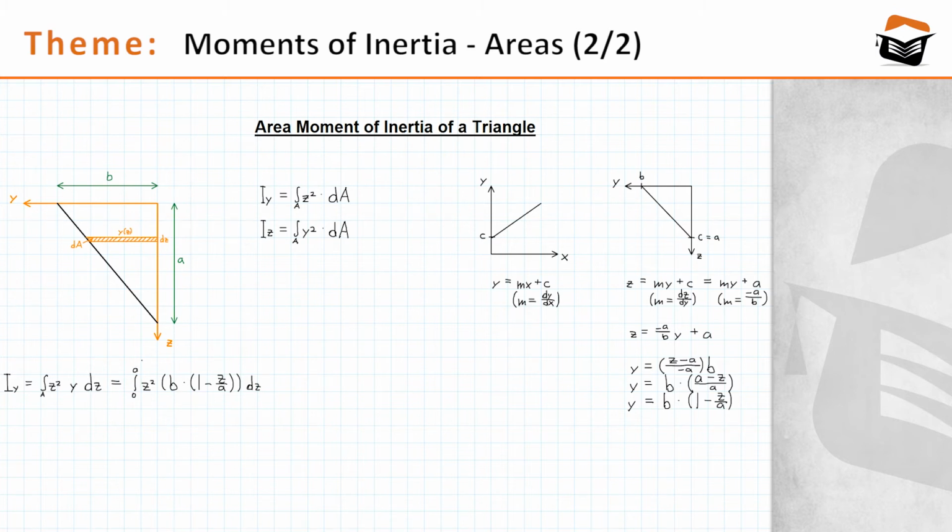Be aware that this coordinate system has its origin at the top right corner, not in the middle or in the centroid, but at the origin, or basically where you have the right angle. And now let's try to expand that equation.